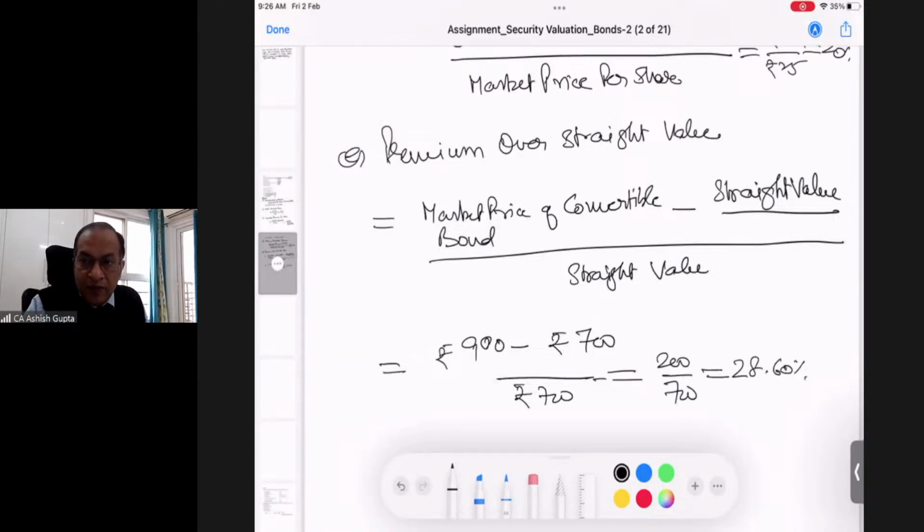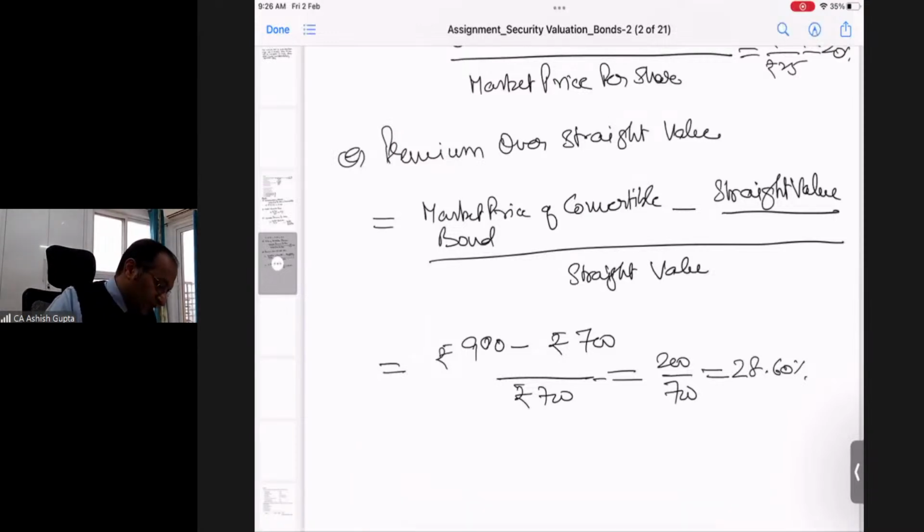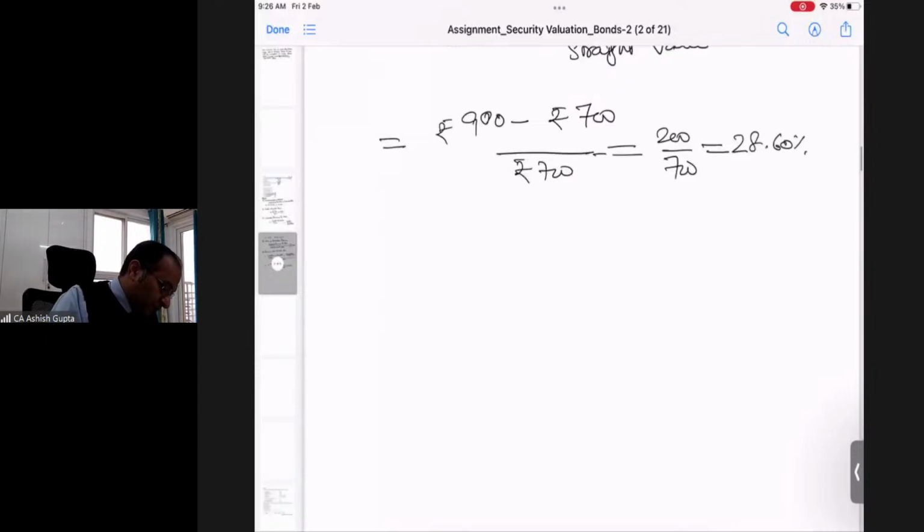Okay, student. So I hope with this it must be clear to you how we compute the various terms.